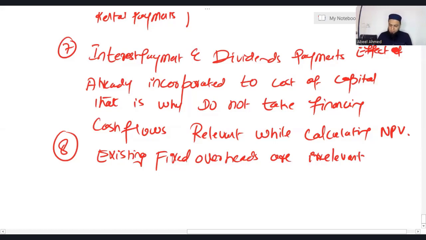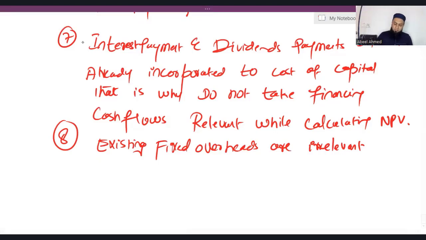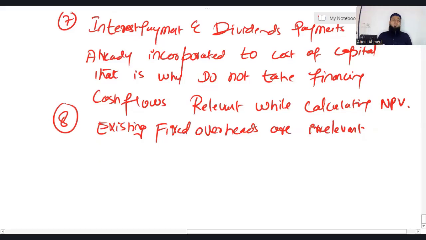Now, there's a very important concept, dear student. Listen. For existing fixed overheads, in financial management, the examiner can use different terminologies. So we should not expect the examiner to mention the word existing fixed overhead. There are a few technical terms, you can say jargons, for existing fixed overheads.